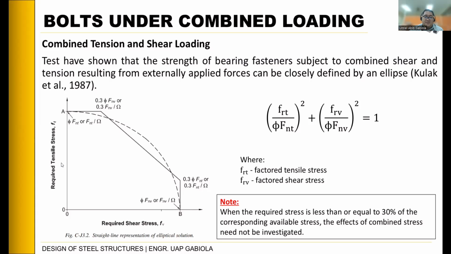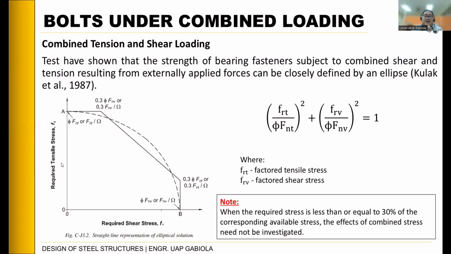Okay? So, ang sinasabi ng ating simplified na graph is kapag ang loading natin, whether yung shear at yung tension natin is within 30% o halimbawa, meron tayong tension, tapos kinompare natin with shear, si shear is less than 30% ng tension natin, ang sabi niya, we don't need to consider yung effect ng shear.